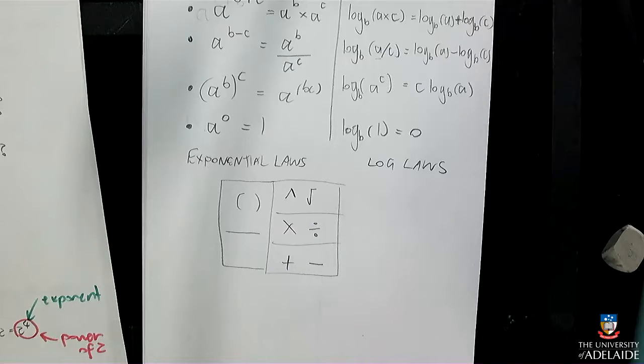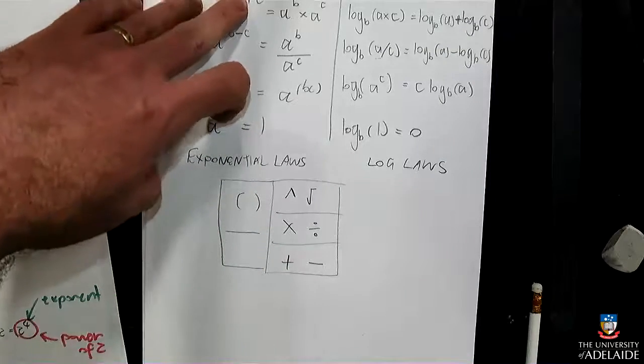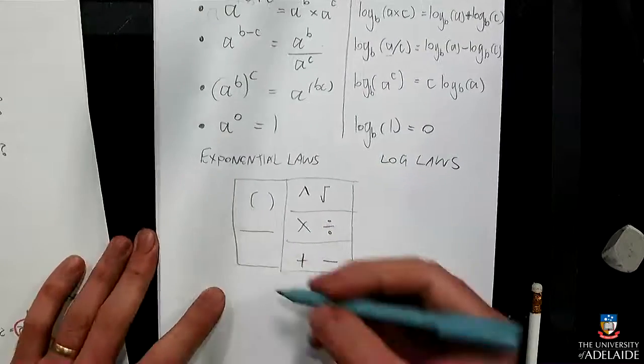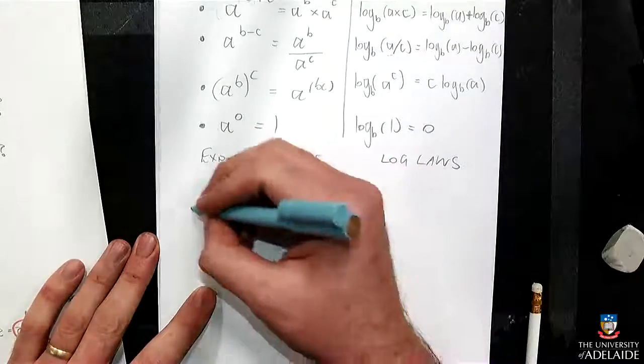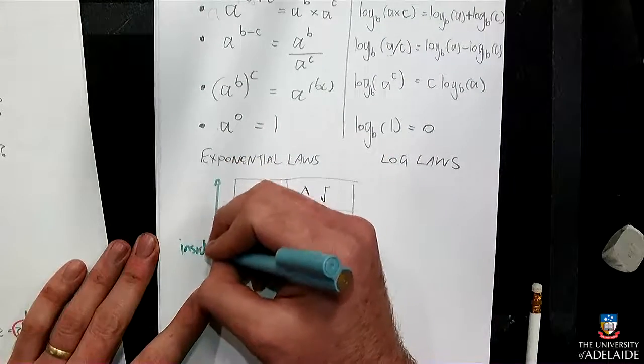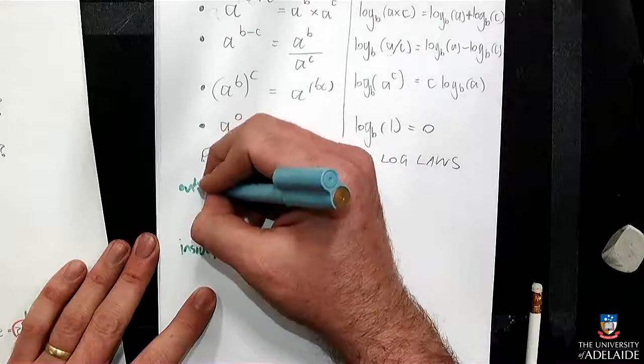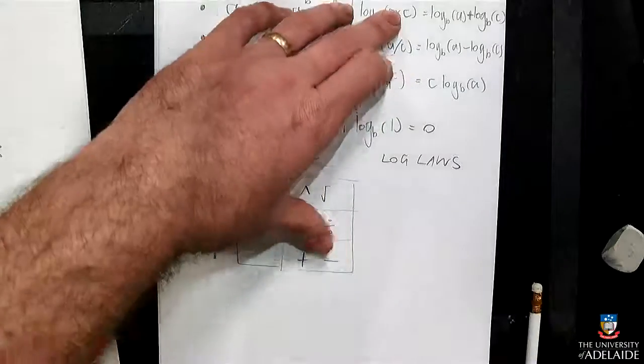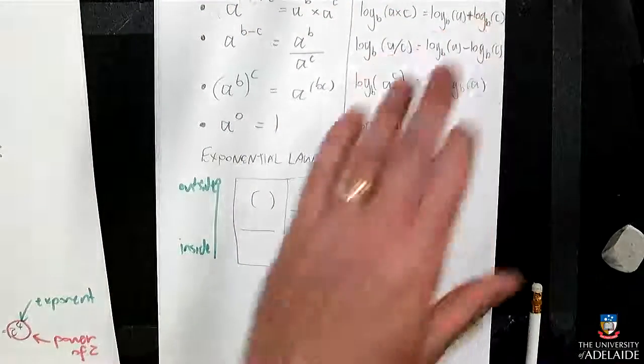Okay, so look at this. Look at what the exponentials do. In the exponentials, if there's a plus on the inside, it becomes a times on the outside. So with the exponential laws, and with the log laws, if there's a times on the inside, it becomes a plus on the outside.